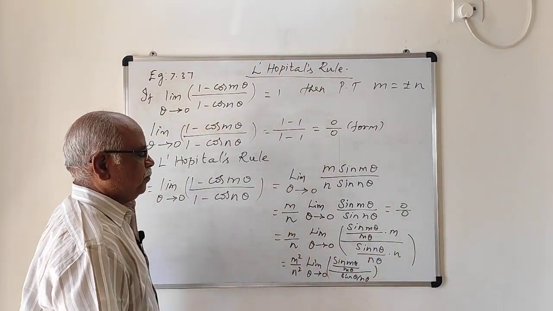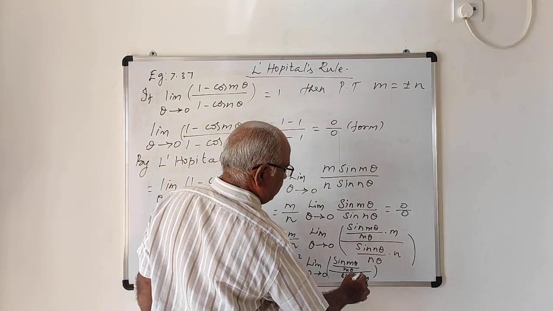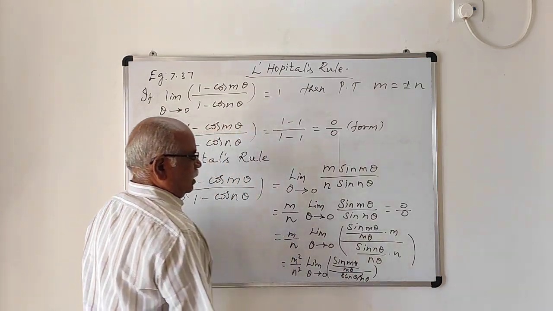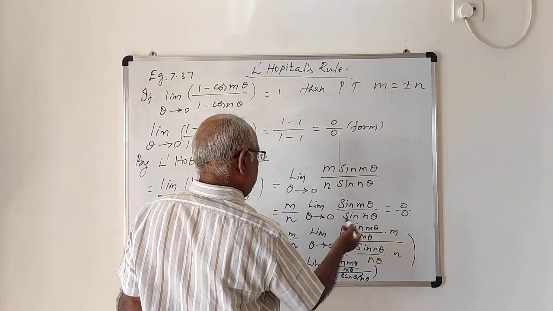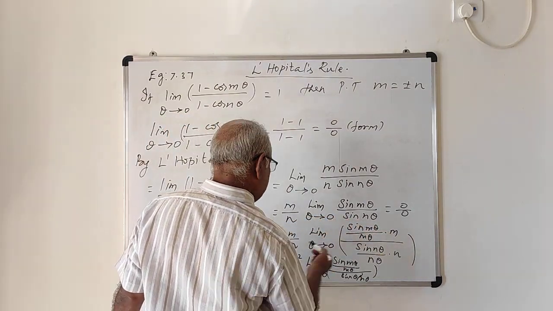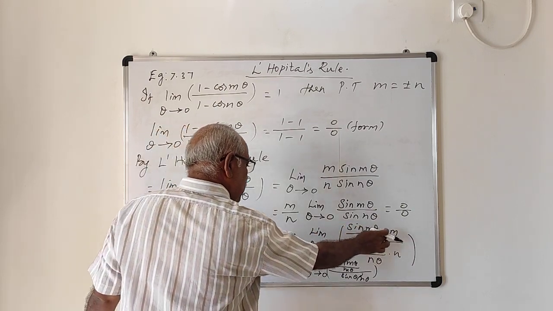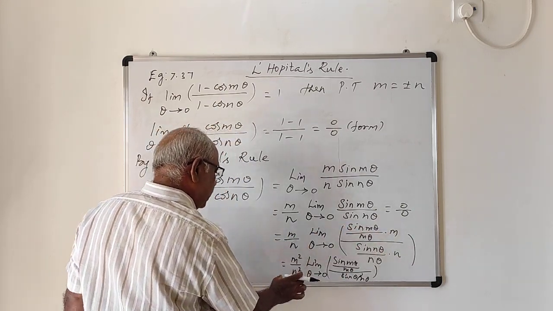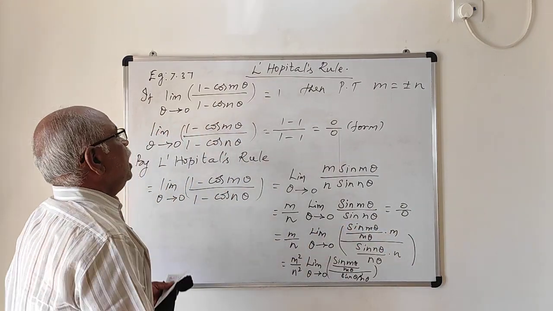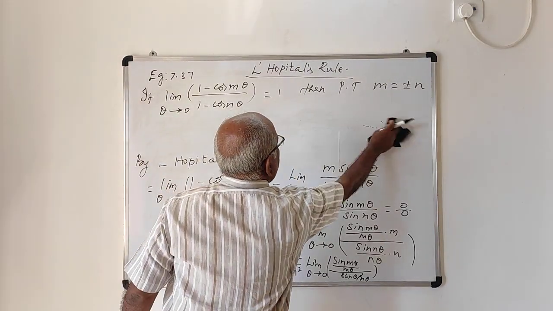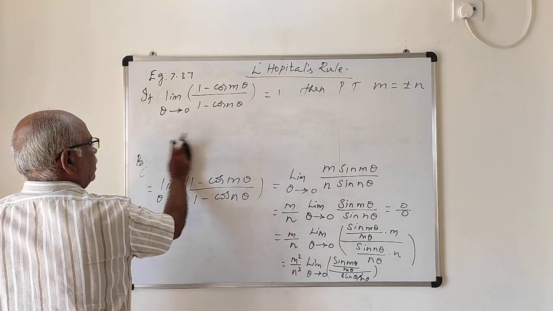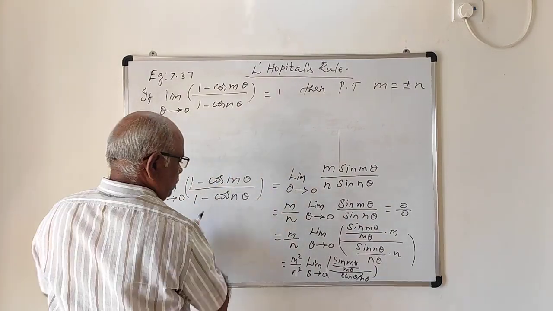Taking m and n out of the limit, you get m square by n square. To understand that, I rewrite this step once again.